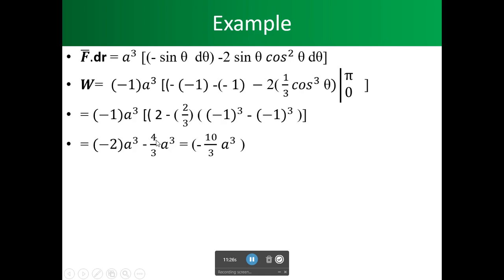You have your 4 over 3, you have your minus 2 out here, and when you add these together, I get minus 10 over 3 a cubed. So all negative. So our work here is minus 10 over 3 a cubed.